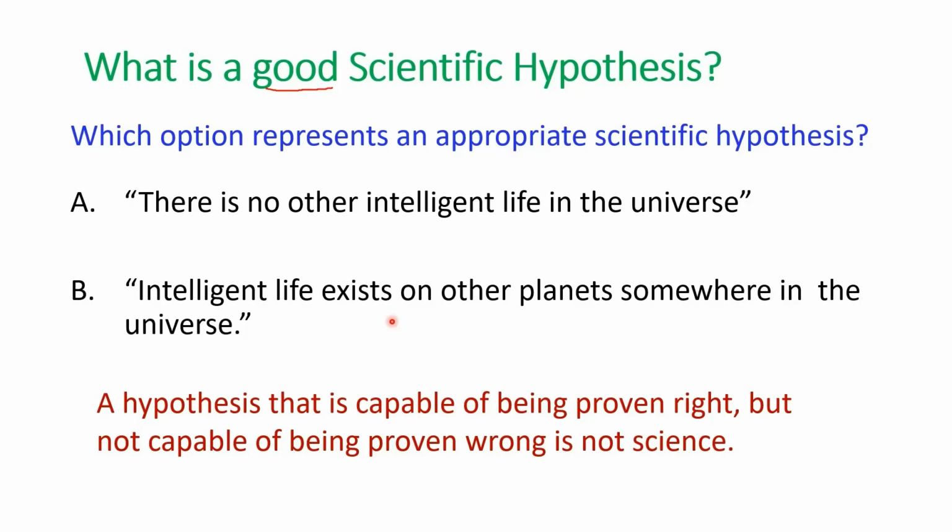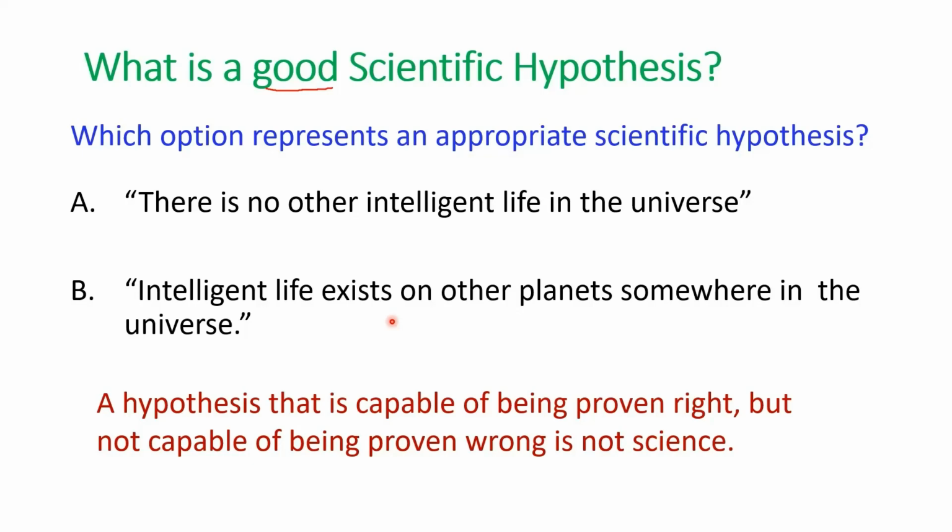Well, let's say we spend the next 1,000 years exploring all the planets that are around us, and we don't find intelligent life. Well, we haven't proven this right, and we haven't proven it wrong. The big issue with this, though, is space is really large.